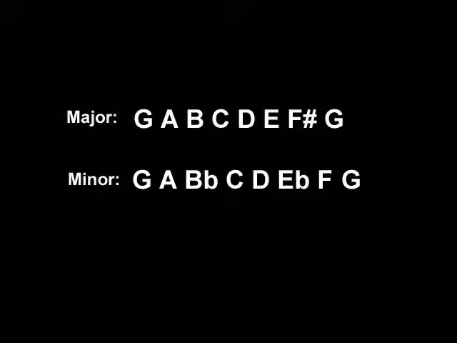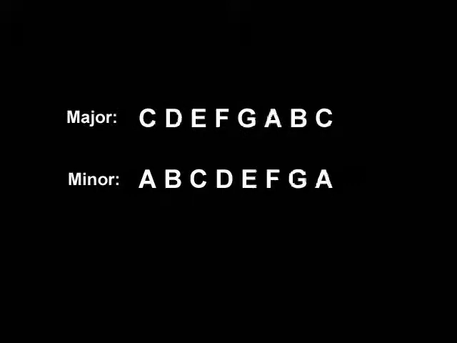Another point to emphasize is as you work with scales, you come across some major scales that have the exact same notes as some minor scales, like C major, A minor. What gives? Well, there's a word for that too. Relative. They are relative scales. A relative scale is a scale with the same source material as another scale. You're just calling a different note within that scale your root.